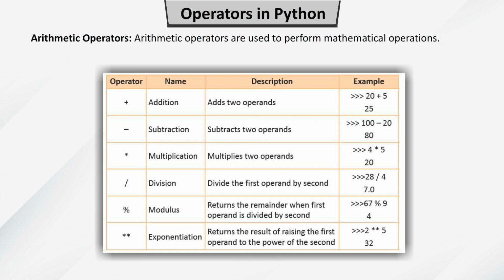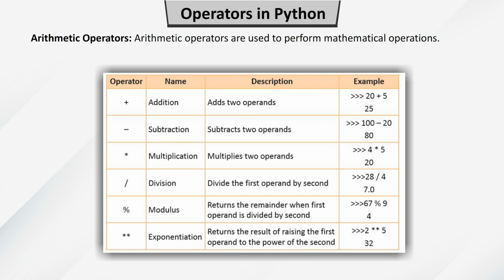Operator, name, description, example. Plus, addition, adds two operands: 20 + 5 = 25. Minus, subtraction, subtracts two operands: 100 - 20 = 80. Star, multiplication, multiplies two operands: 4 * 5 = 20.